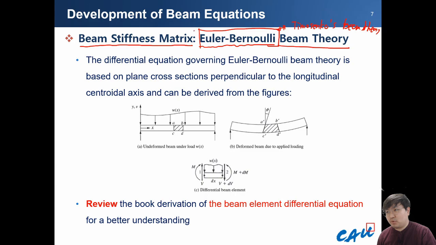The first one is more conventional and follows the linear elastic relationship, but the Timoshenko beam has some different assumptions compared to the Euler beam theory. To distinguish the difference between the two, we should know the assumption of the Euler-Bernoulli beam theory.